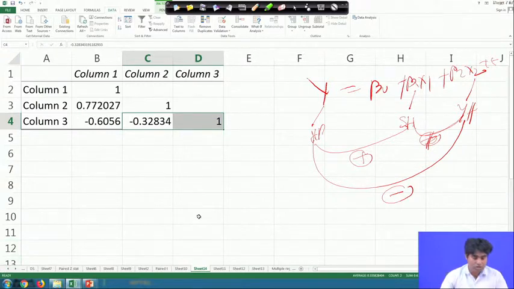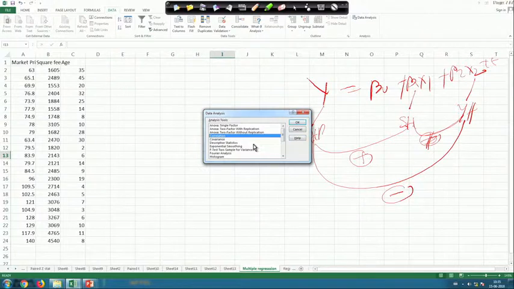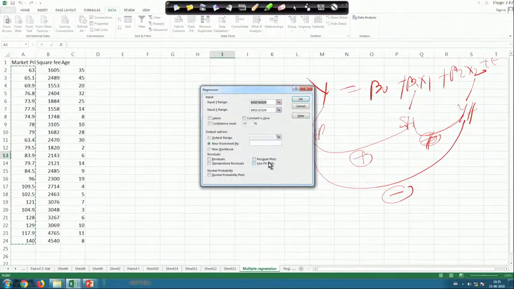So now the third case is the regression modeling, and for that again you go to the data analysis package. Now instead of correlation you come to regression. Our requirement is a dependent variable with independent variables. First is the input Y range.